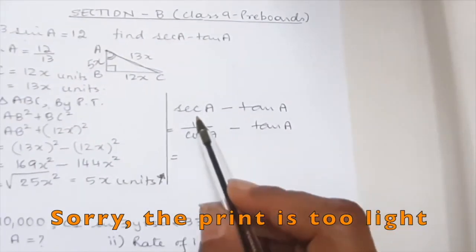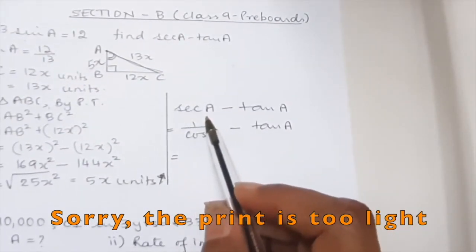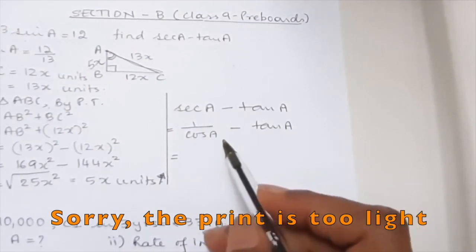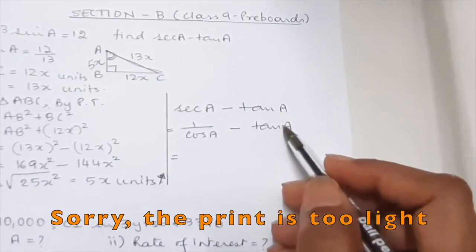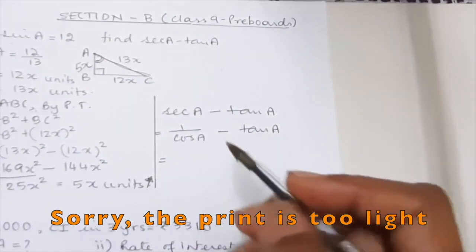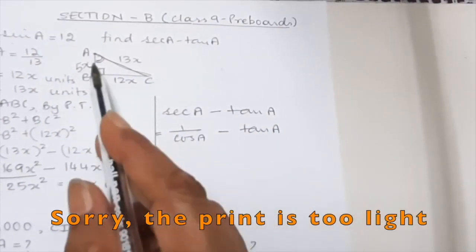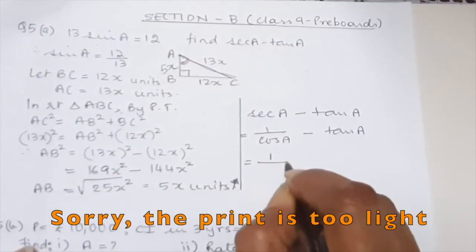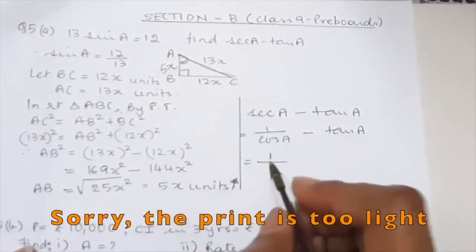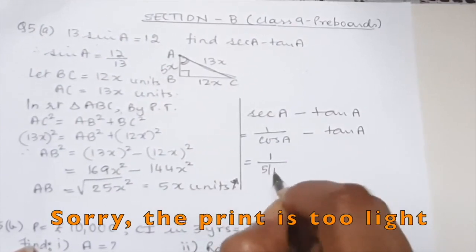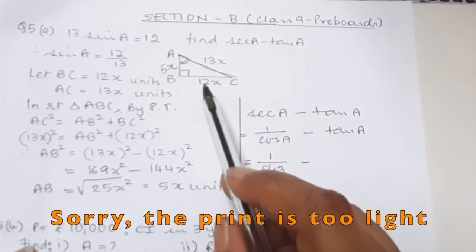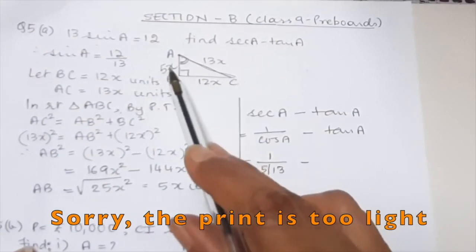Now we have to find the value of sec A minus tan A. Now sec A is 1 upon cos A, correct? And cos is adjacent upon hypotenuse. So I shall write it as 1 upon 5x upon 13x becomes 13 upon 5, minus tan A is going to be opposite upon adjacent.